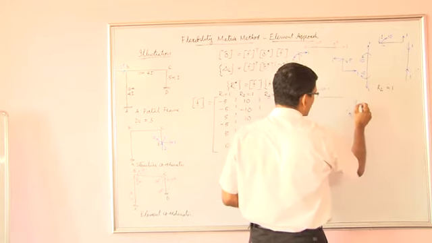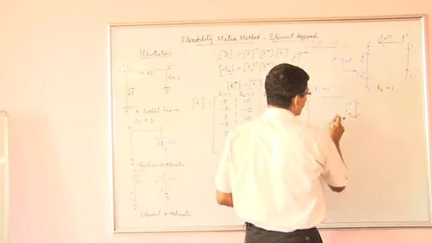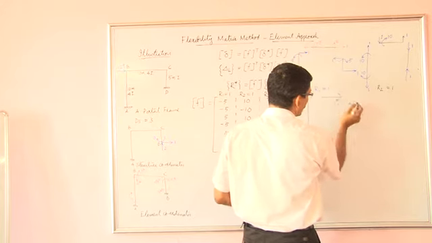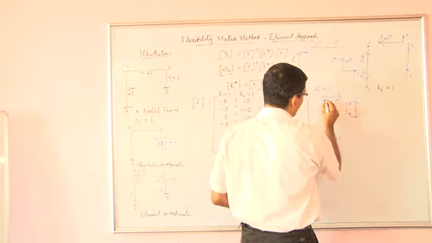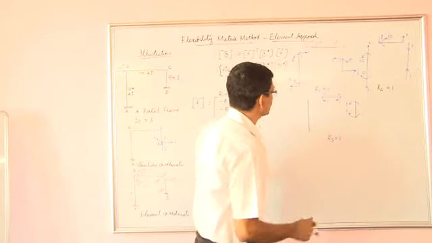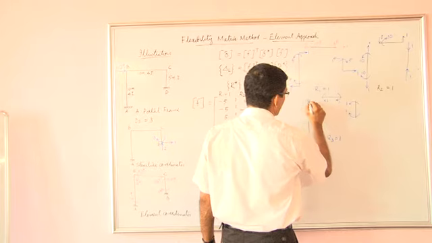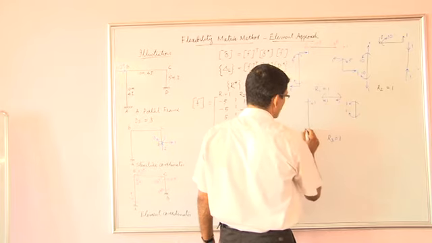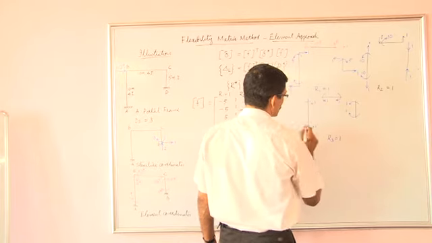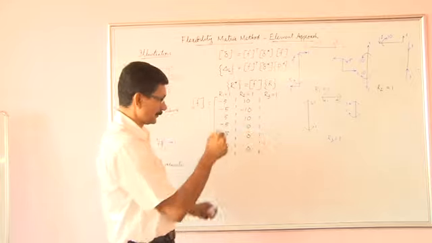Equilibrium of this member necessitates anti-clockwise moment 1 here. Equilibrium of this member necessitates a clockwise moment 1 here for joint equilibrium and anti-clockwise moment 1 at this end. Further, joint equilibrium here will necessitate a clockwise moment 1 and anti-clockwise moment 1. That is the free body diagram of the members.